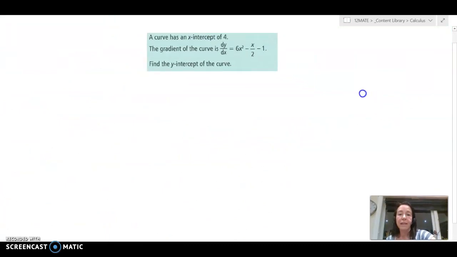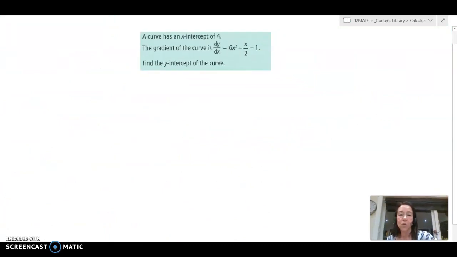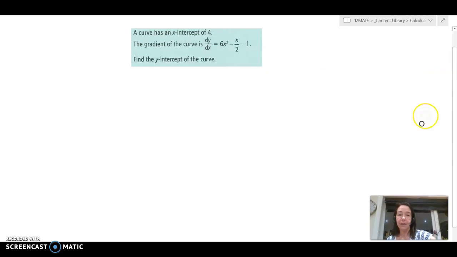In my second example, a curve has an x-intercept of 4. The gradient of the curve is given by dy dx is equal to 6x squared minus x over 2 minus 1. Find the y-intercept of the curve. So, first of all, let's just have a little think.